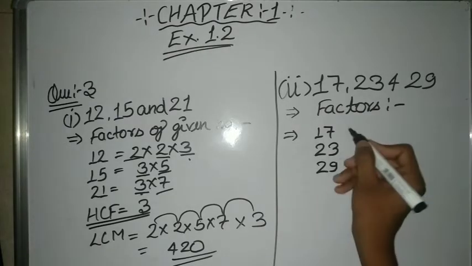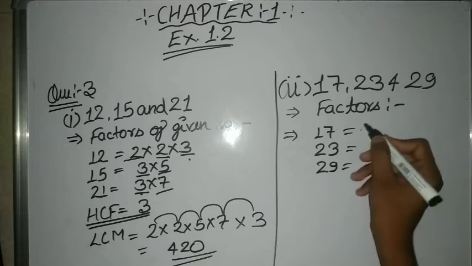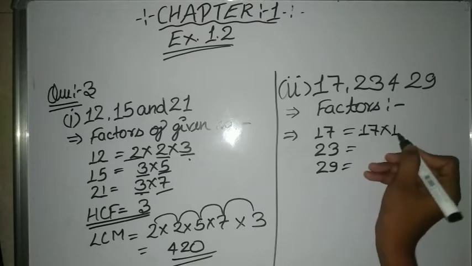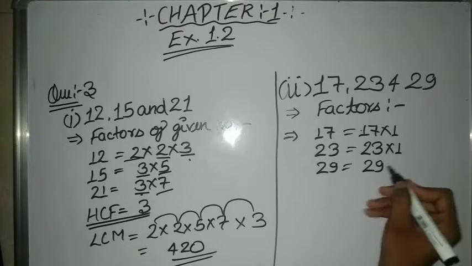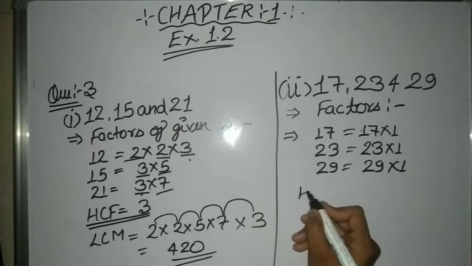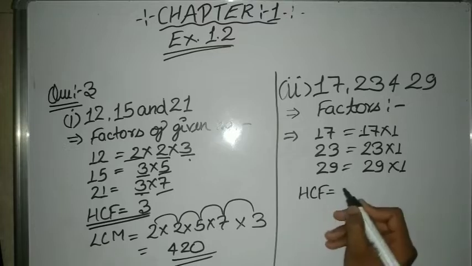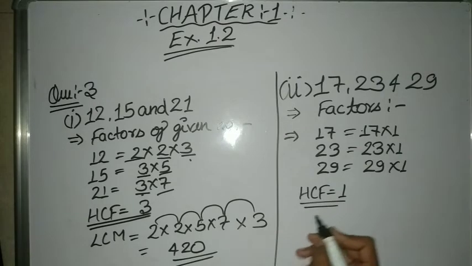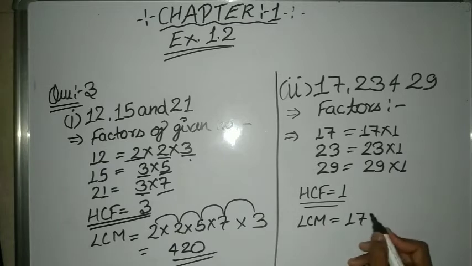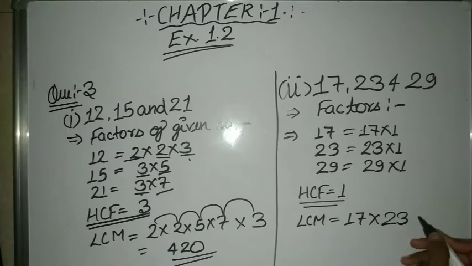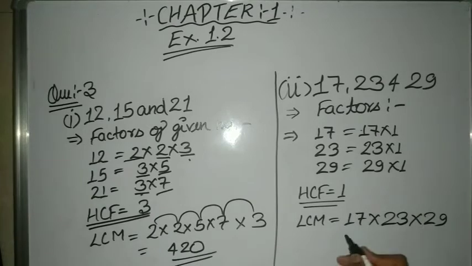Let's see. 17's factors are 17 into 1, similarly 23 into 1, and 29 into 1. Here you can see the common factor is 1, so HCF is 1, and the LCM is obtained by multiplying 17 into 23 into 29. That becomes 11,339. So this question is solved.